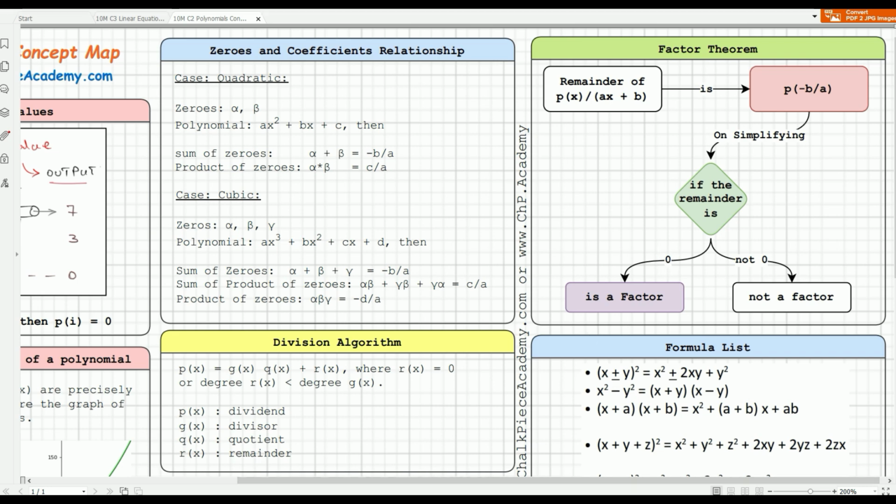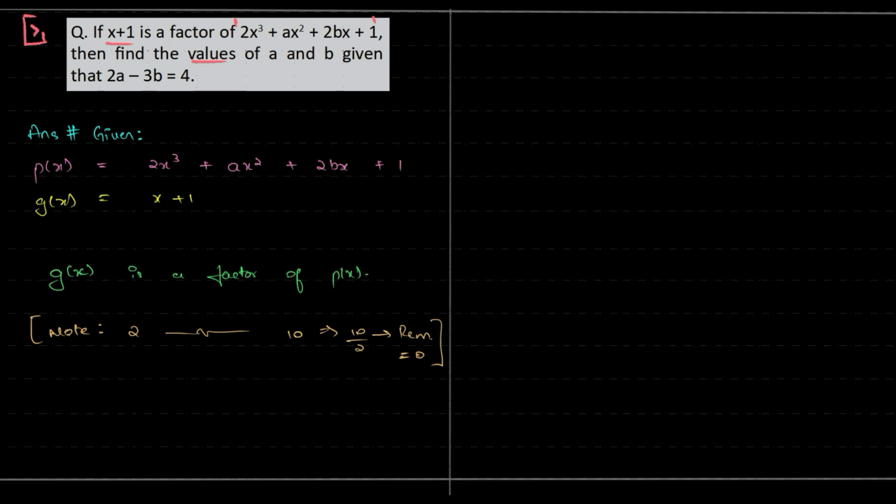So I'll explain this again with the question itself. First thing is finding the 0 of g of x. How do you find the 0 of g of x? That is, what value will make the output 0? That's the question. What is it?